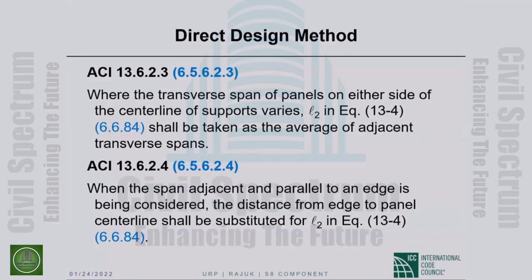When the span adjacent and parallel to an edge is being considered, the distance from edge to panel central line shall be substituted for L sub 2. So if you don't have a panel central line on the other side but an edge, you will go from panel central line to the edge.